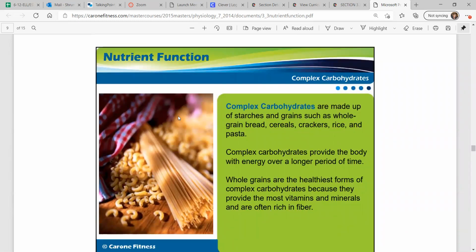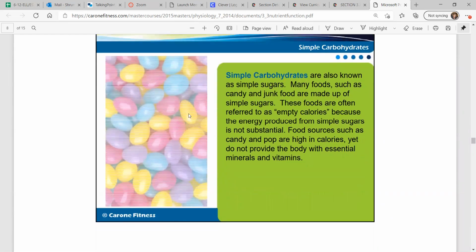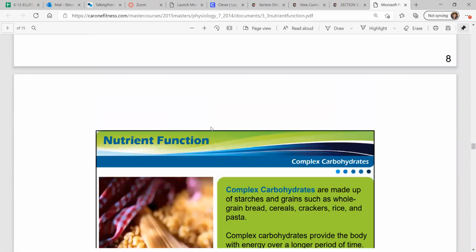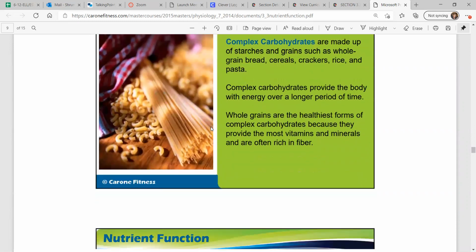Now, fiber is a big one. The American diet, the standard American diet, is not high in fiber. A lot of these simple sugars are not fibrous. These more complex carbs are, and that will help with digestion and your overall gut health.